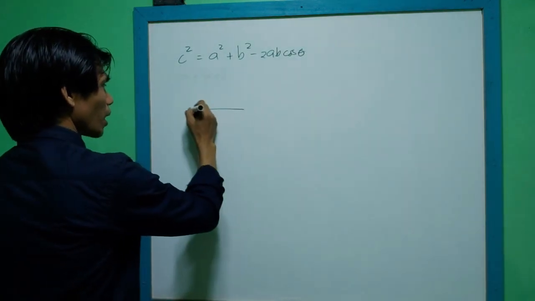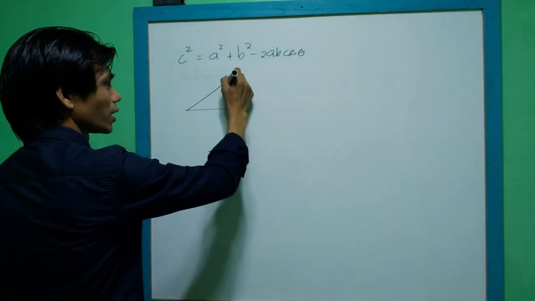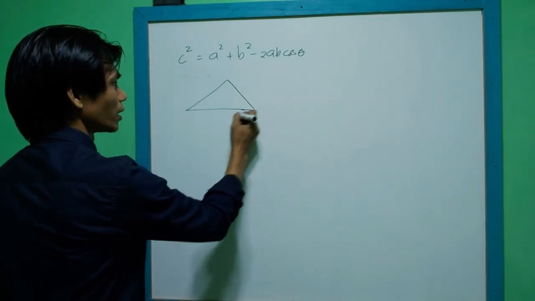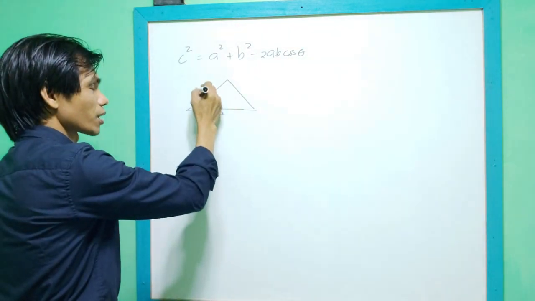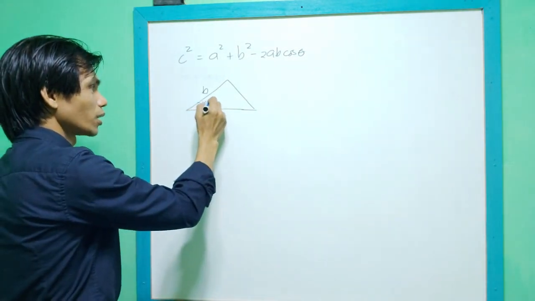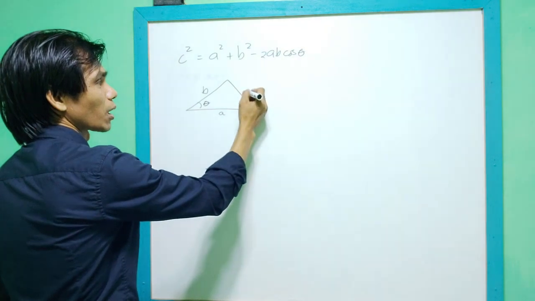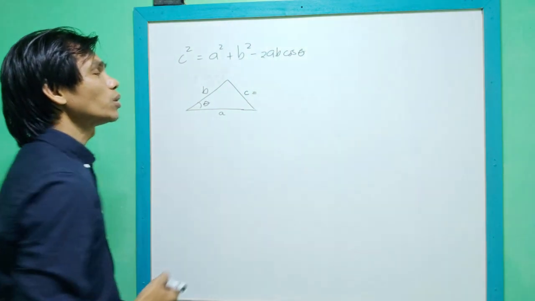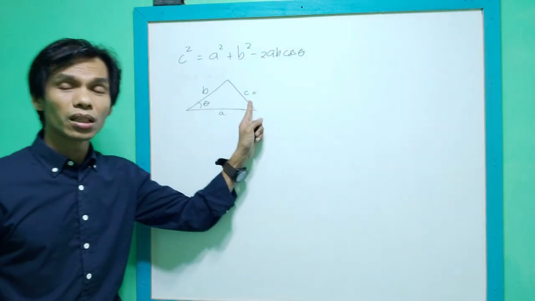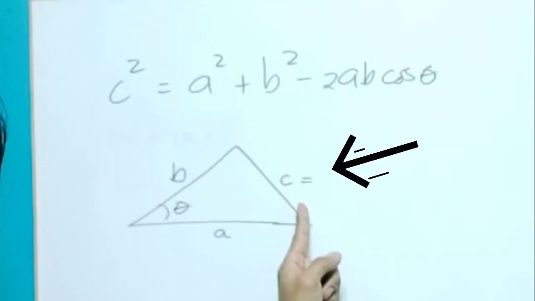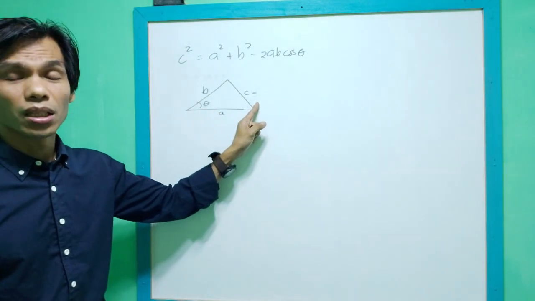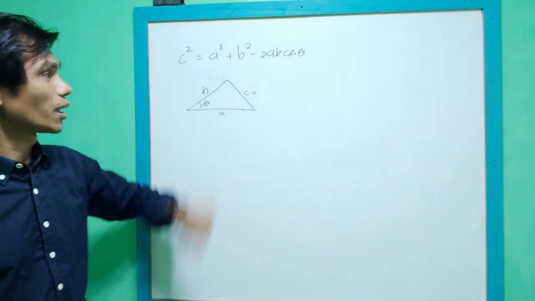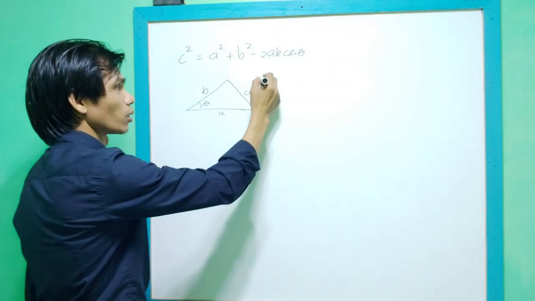Ginagamit siya kapag, example, ganito yung triangle. Kapag given yung isang side A, given yung isang side B, and then included angle theta, kapag hahanapin natin yung C dito, gagamitin natin yung cosine law.